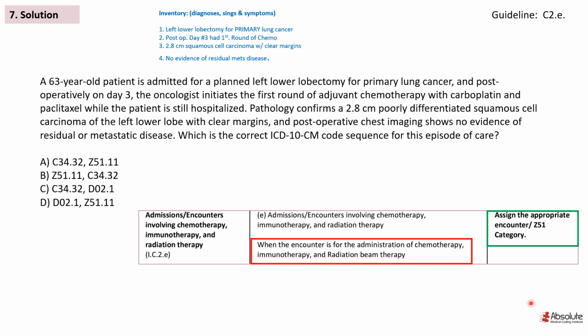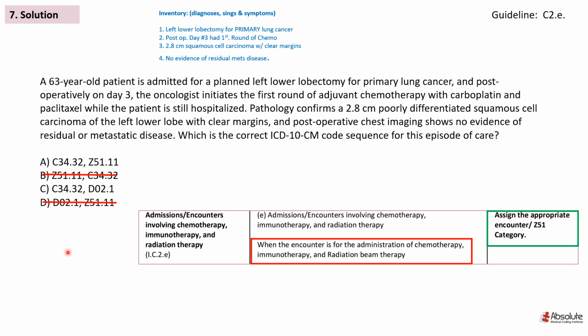And so with that being said, we're going to get rid of B because it's sequencing this chemo code first. And we are also going to eliminate D because it has this D code here. And we have a primary lung cancer, so I know it's going to be a C code.